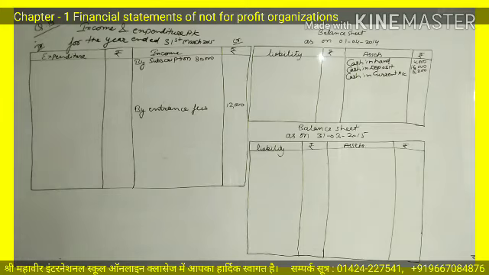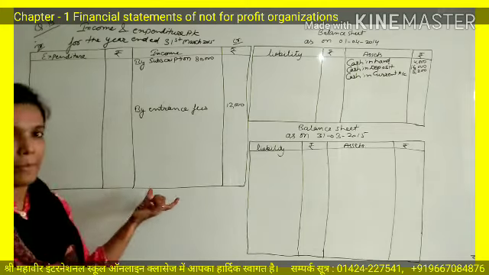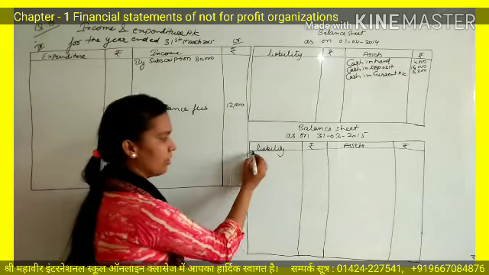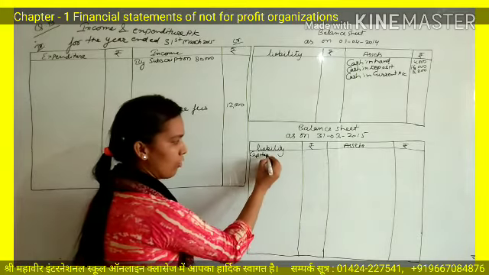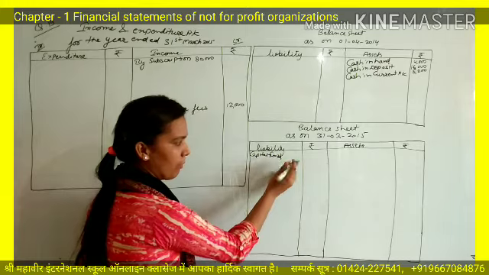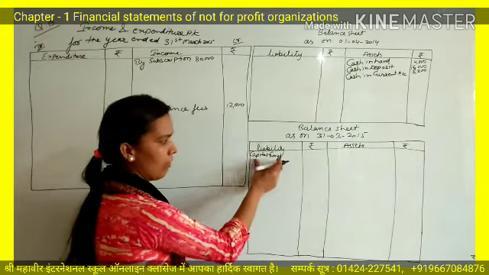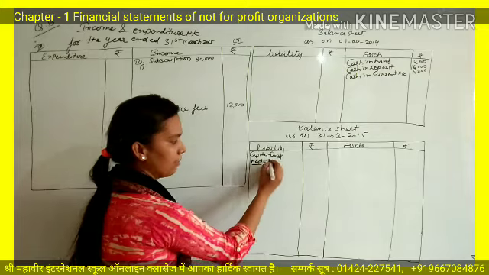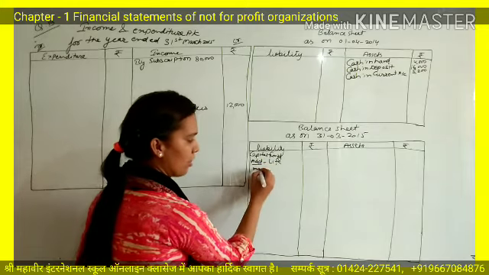Life membership fee. Life membership fee is a kind of capital income. So we will add in capital fund in the balance sheet. So first of all, write here capital fund. Leave here blank because we will find this capital from opening balance sheet and then add life membership fees.